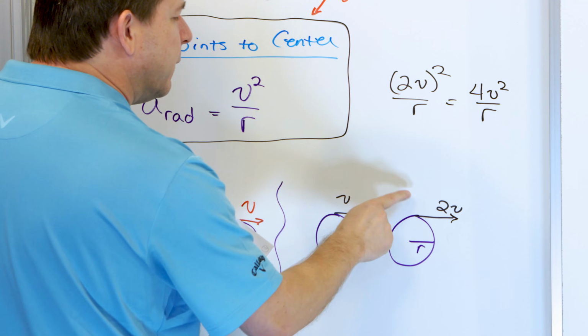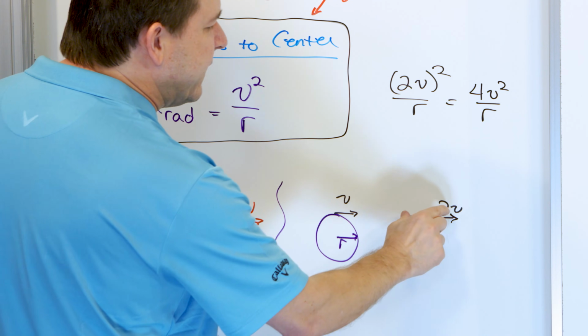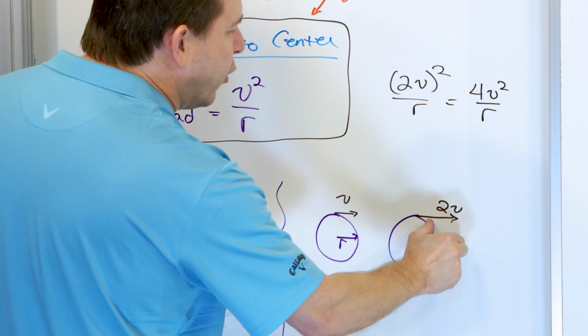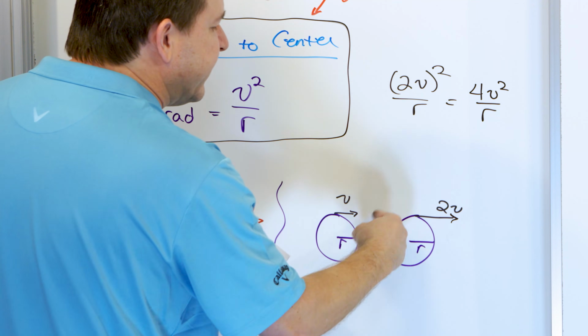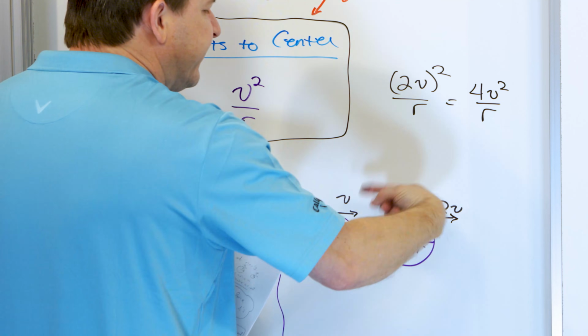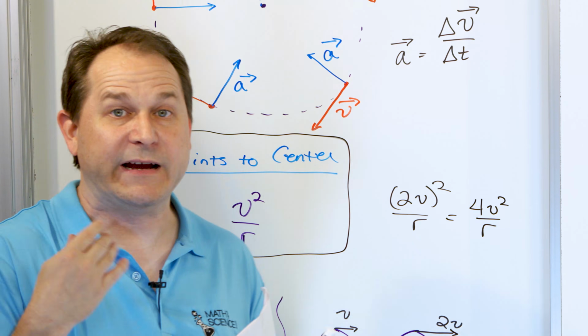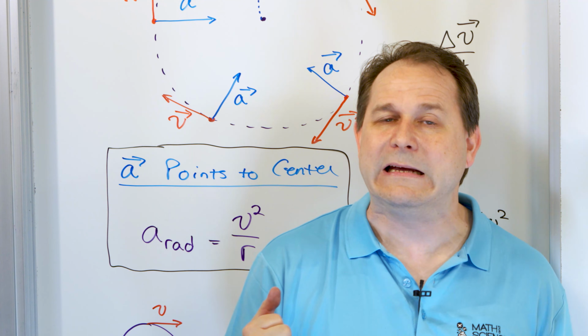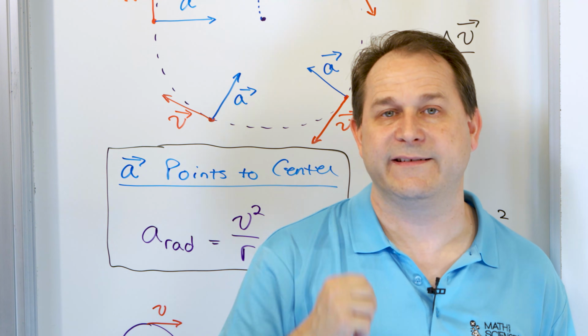One of them is going to be a doubling of acceleration just because I increase my speed. And the other one is that the direction vector, as I go around, is going to be changing faster because I'm now making circuits of this thing much faster. So it's going to be rotating faster than this one, and that's going to also increase my acceleration. So both effects together mean that when you double the speed, you don't just double the acceleration, you 4x the acceleration.